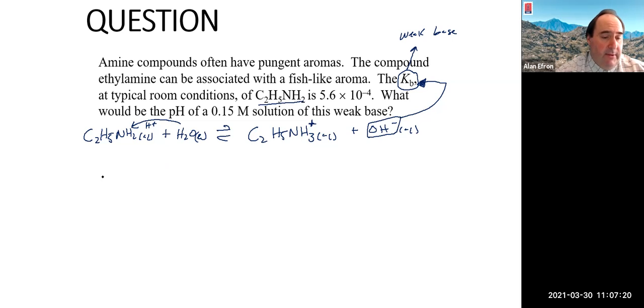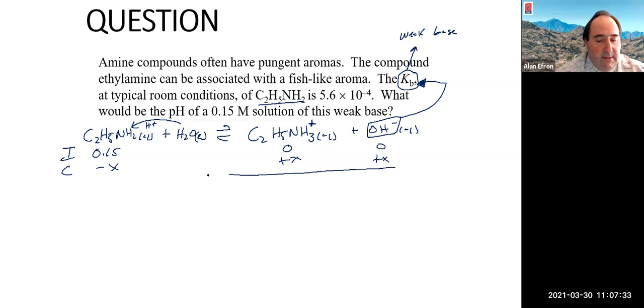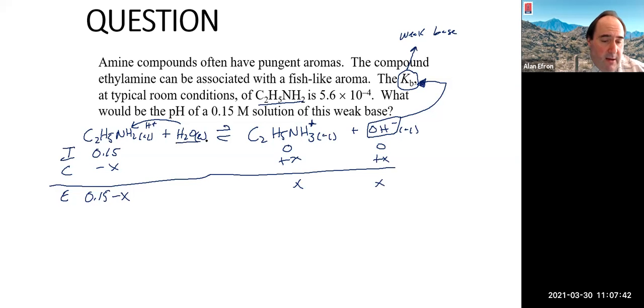At this point, we're going to approach it like we've been doing. We're going to go with 0.15, 0, and 0. Change would be minus x, plus x, and plus x. And 0.15 minus x, x, and x. Again, water is not going to be included in the equilibrium expression, which is why I didn't put anything in this column, so I don't try to use it in a wrong application.